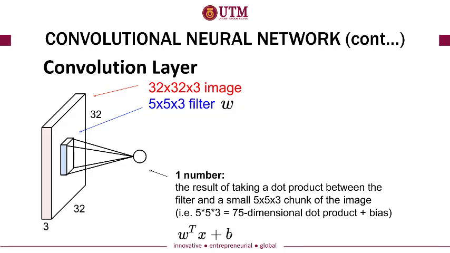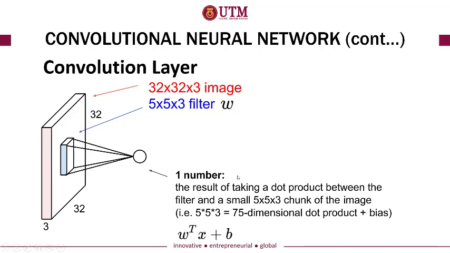You can see that to get this one number, we take the dot product between the filter and a small 5 times 5 times 3 chunk of the image. Because this is 5 times 5 times 3, you have a 75-dimensional dot product plus bias. Again, don't forget this is not a 2-dimensional convolution, it's 3D.